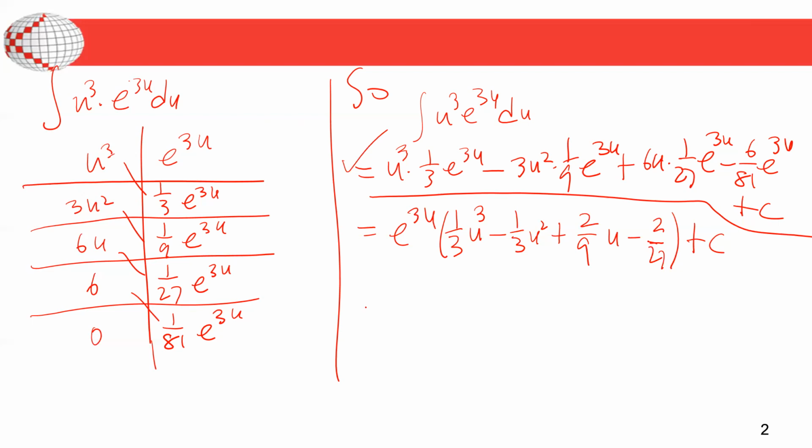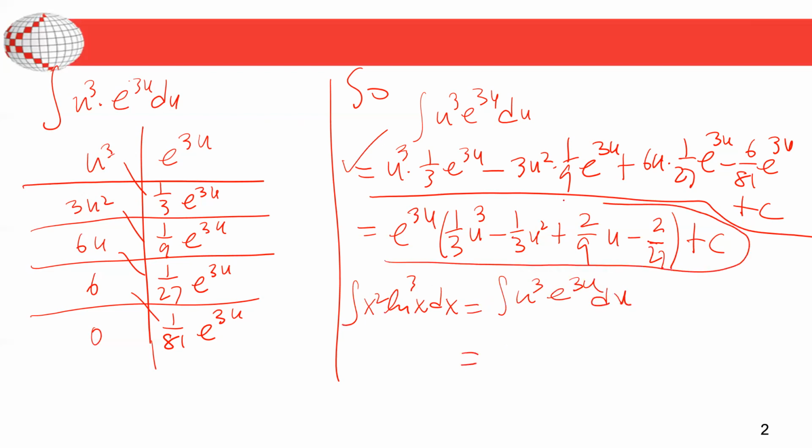Remember our original integral is x squared times log x cubed, which is equal to what? This is the integral of u cubed e to 3u, right? And we got this answer. So we need to convert it back; we're going to replace u by log of x.